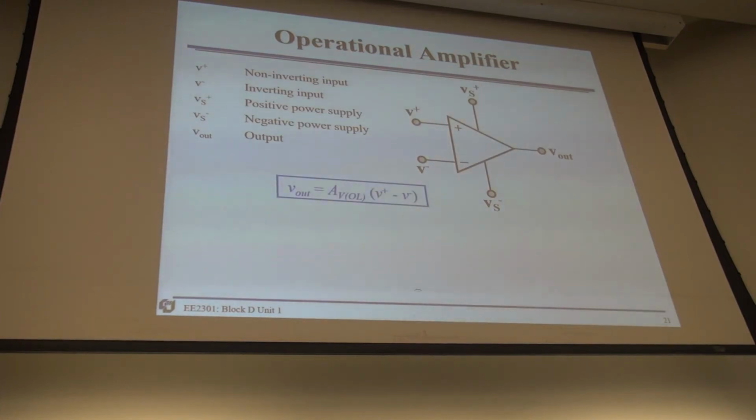So in fact, there is something called A_V, the voltage amplification. V stands for voltage, A stands for amplification coefficient, times V plus minus V minus. This is the difference between these two. So the amplification behaves much like an ideal difference amplifier.